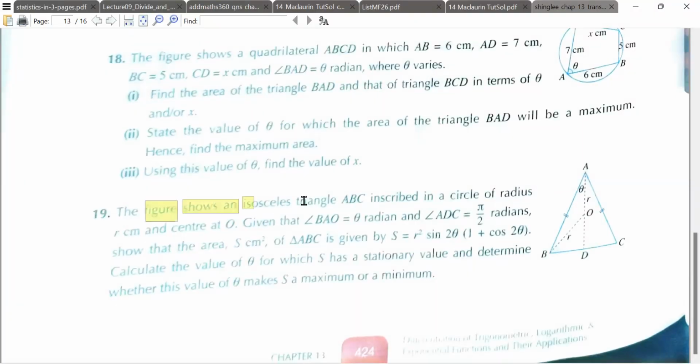The figure shows an isosceles triangle ABC inscribed in a circle of radius r cm and center at O. Given that angle BAO equals theta radians and angle ADC is pi over 2, which is 90 degrees, but you use radians when you're doing differentiation. Show that the area S cm square is given by that formula, hence calculate the value of theta for which S has a stationary value and determine whether this value makes S a maximum or minimum. Basically follow the usual procedure. Differentiate, set to 0, then solve for theta, then after that do the first derivative test.